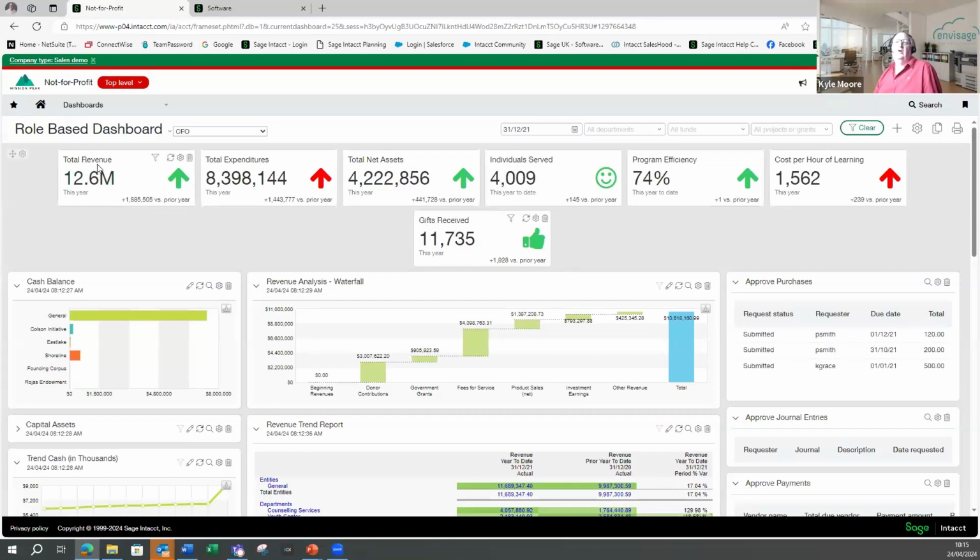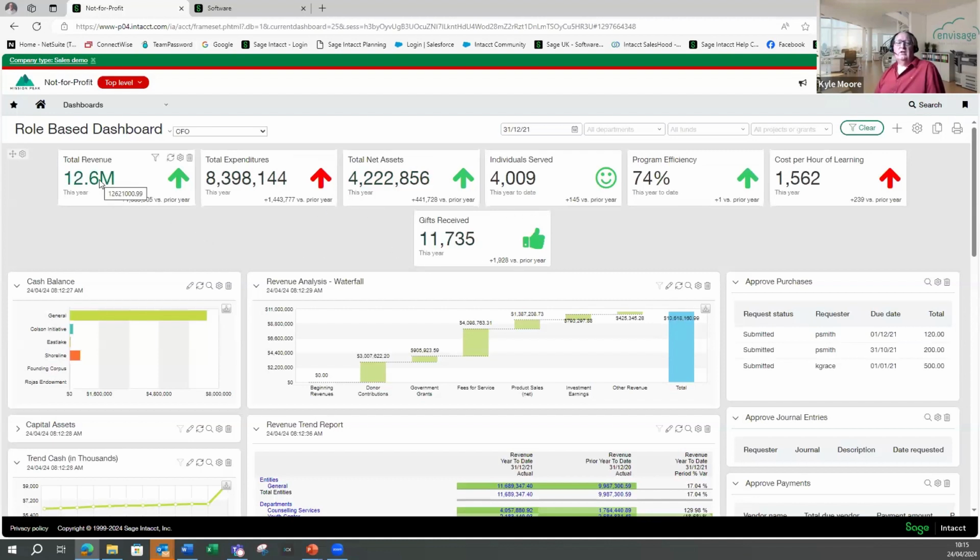As a CFO, I'm looking for the total revenue in the company, and I can see that it's 12.6 million this year, and it's up on the previous year. We can see the up arrow giving us a very quick indication. Then going across, we're looking at expenditures or assets and things like that.